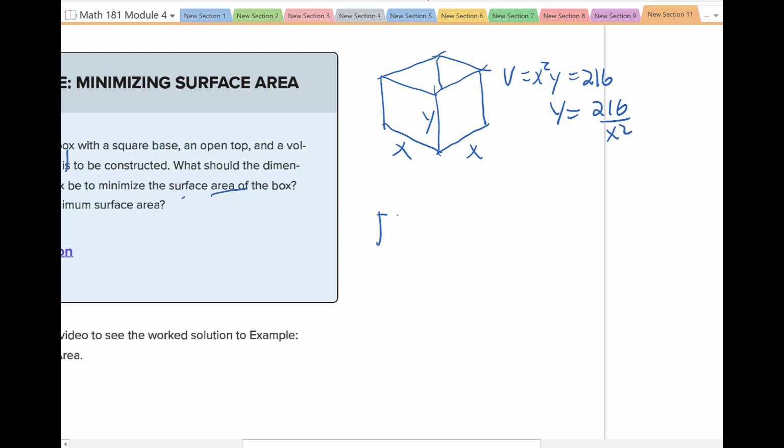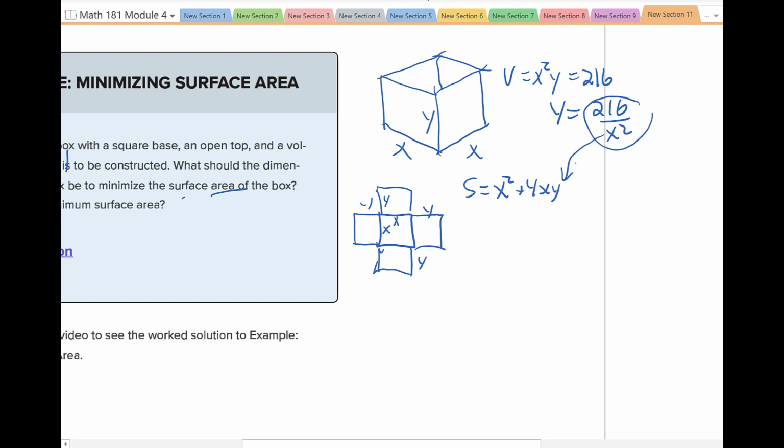So if we unfolded this box, we'd have this square in the middle, it's x by x. Then we have four sides that are x by y, x by y, x by y, and x by y. So the surface area is going to be x squared plus 4x times y. So I could take this expression and put it in place of the y.